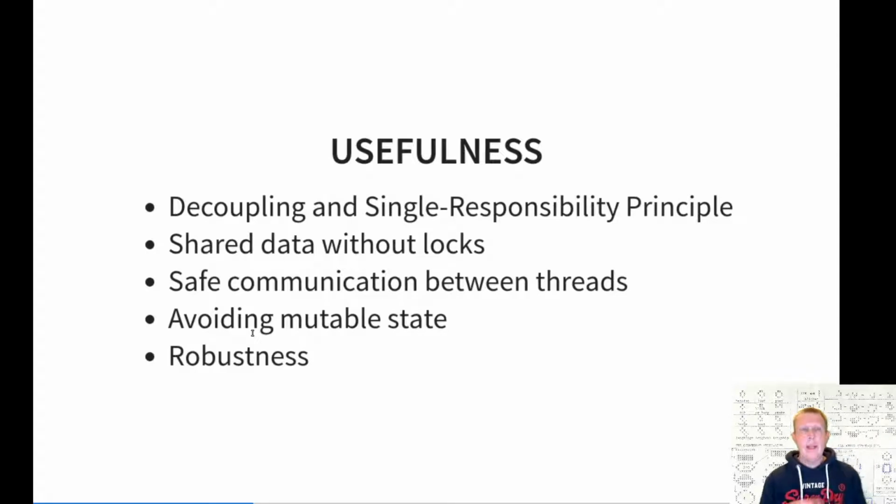The one thing that we're going to be looking at in some detail is avoiding mutable state, because this is the one property that we're going to be interested in and using in the coming lectures. As you know, we don't really like mutable state very much, because it causes all kinds of problems with referential transparency and so on.